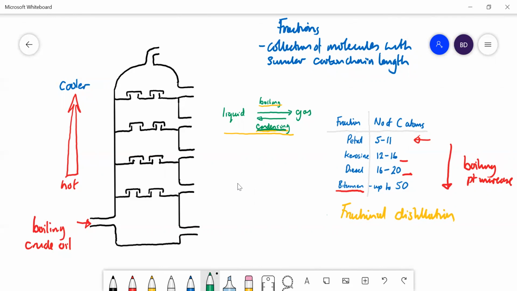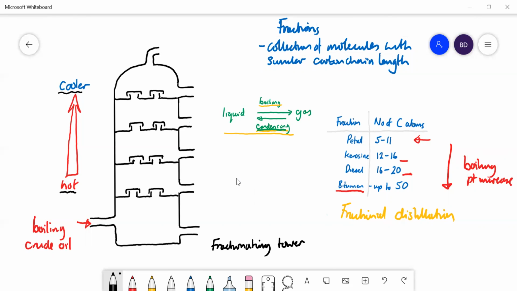So this is called a fractionating tower, and these are found in oil refineries, and they are 70, 100 feet tall. The bottom of the tower is kept at very high temperature, whereas at the top the temperature is cooler. So what happens at the bottom is boiling crude oil enters the bottom of the fractionating column.